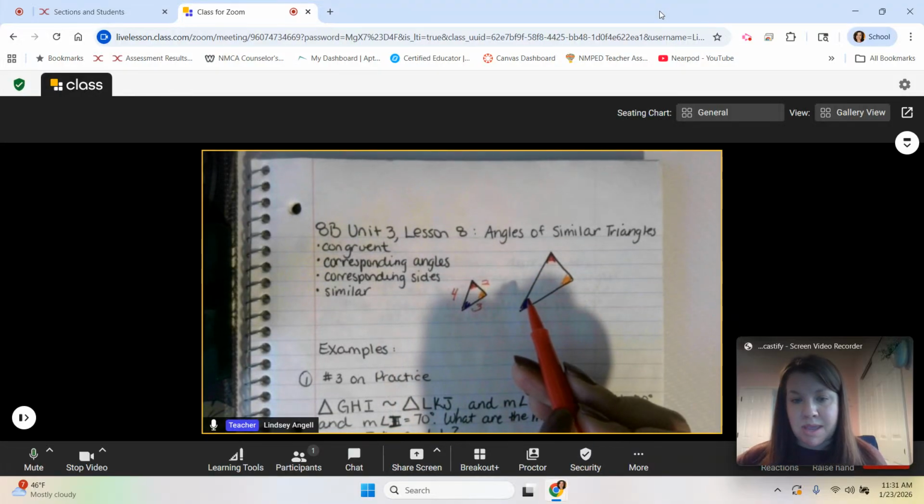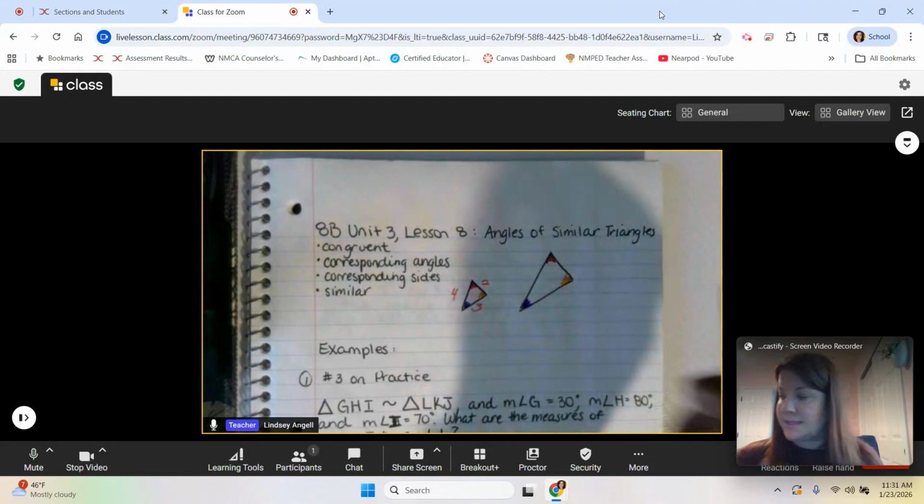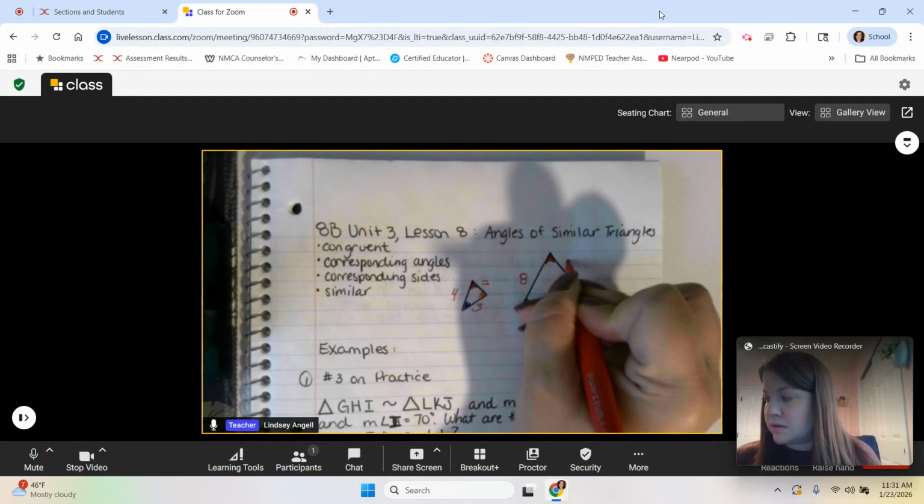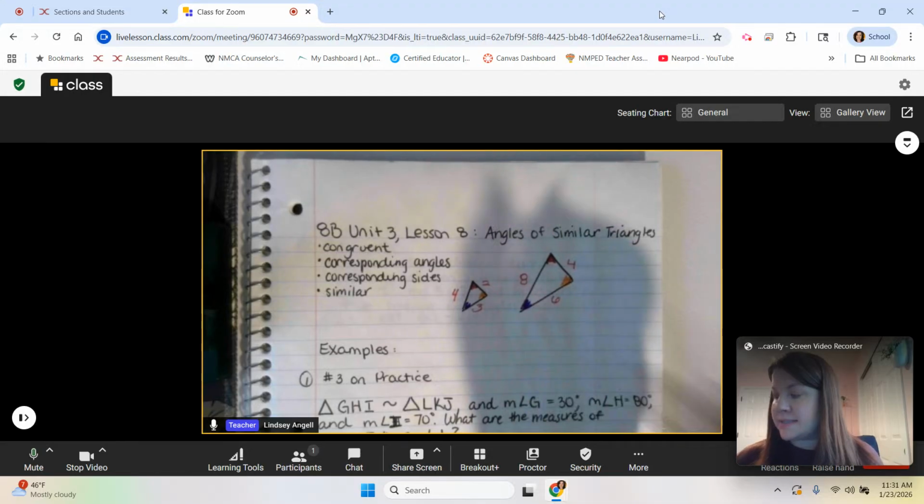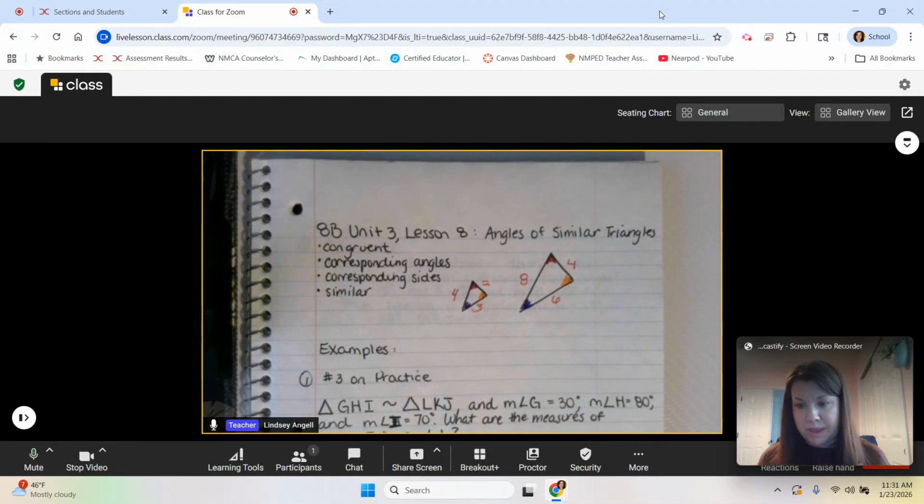Right? Well, this one maybe is 8, 4, and 6, right? They all increased by 2, right? So they have a scale factor of 2, okay? But they all have to change by that same amount, which makes them stay proportional.